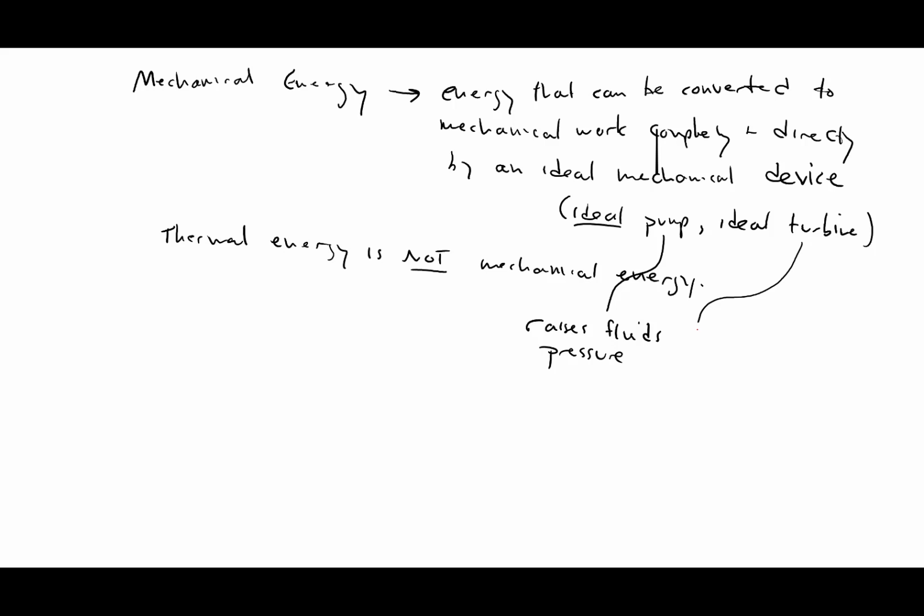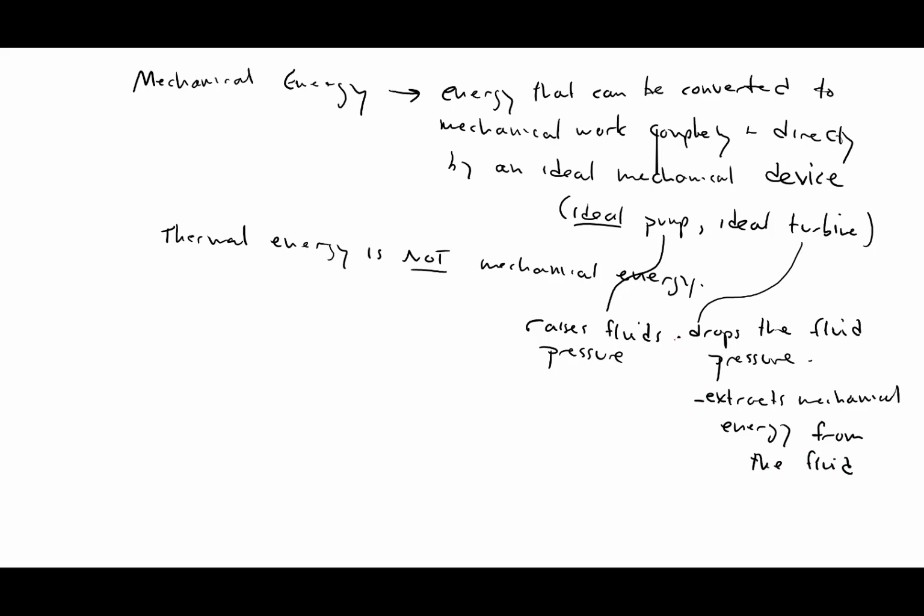A turbine drops the fluid pressure, and when it does this, it's basically extracting mechanical energy from the fluid. So I'm just going to put that the turbine extracts mechanical energy from the fluid, and the pump transfers mechanical energy to the fluid.